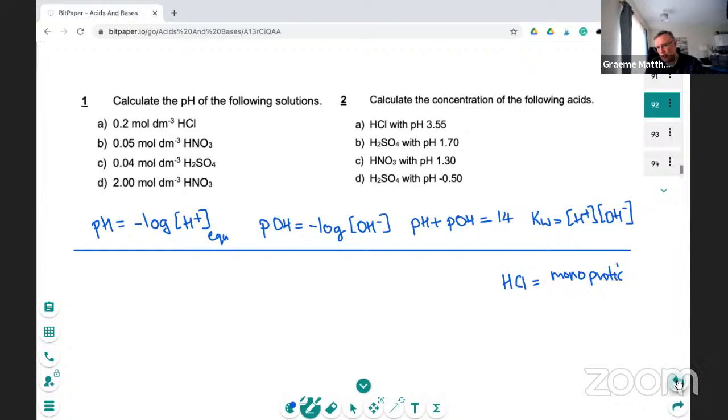Can I get monoprotic to be written a little bit more neatly than that? I can. Monoprotic acid like this, because you've got one ionizable hydrogen, an acidic hydrogen at the front there.